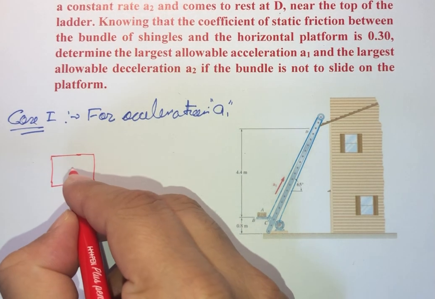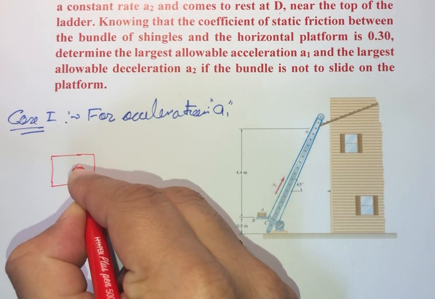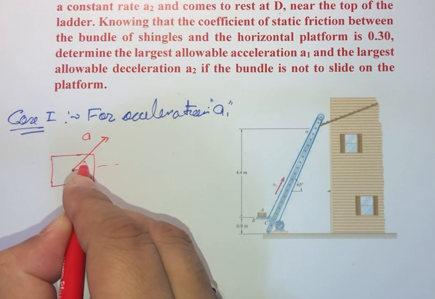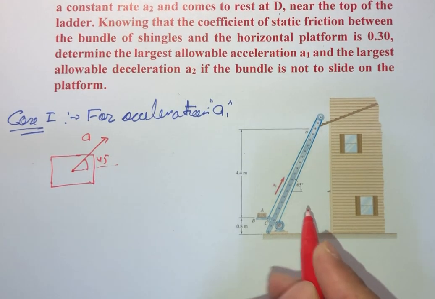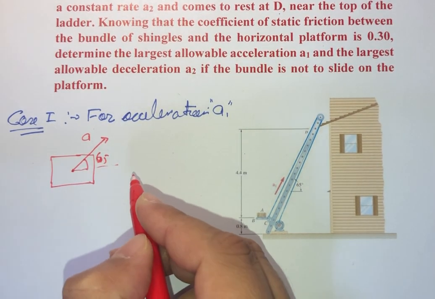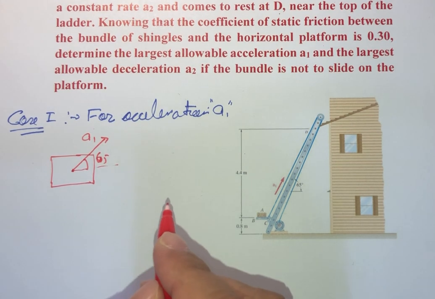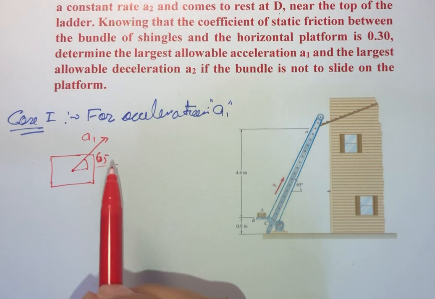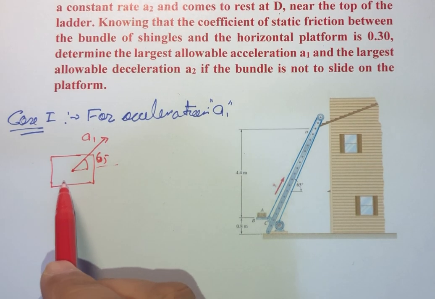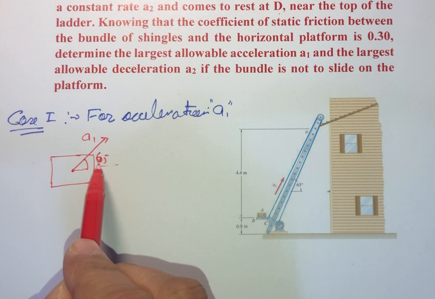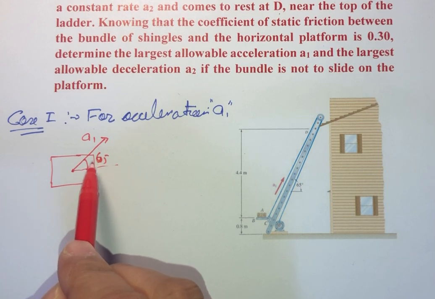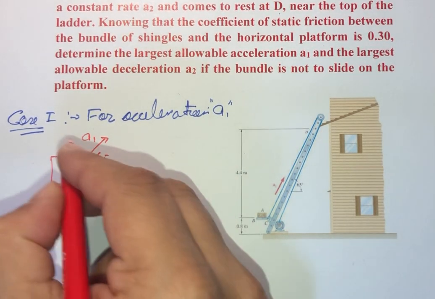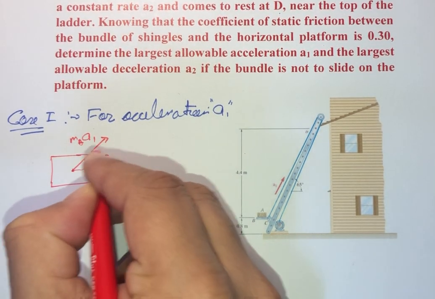So we have an acceleration A1 at an angle of, sorry, not 45, 65 degrees. So a force will be acting along this same angle of 65 degrees, and whose value will be nothing but the mass M_A of the shingles multiplied by A1.